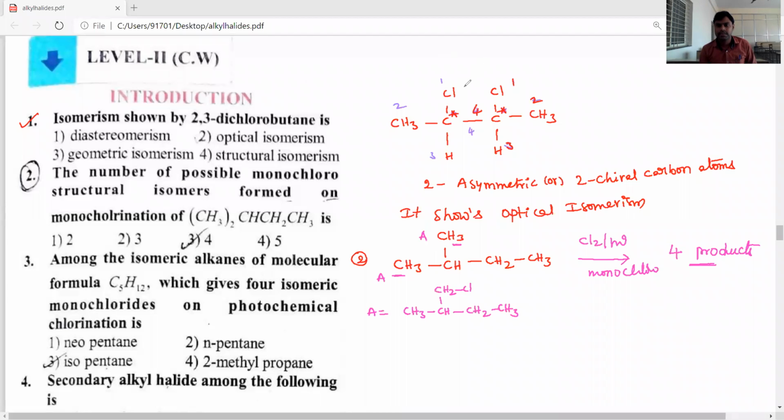Now let's say this carbon atom is B. The hydrogen on this carbon can be replaced by chlorine through free radical substitution.